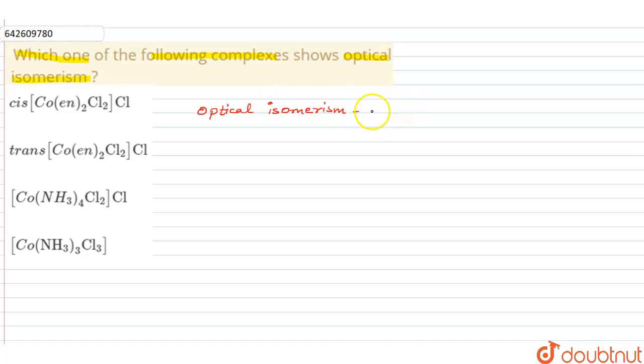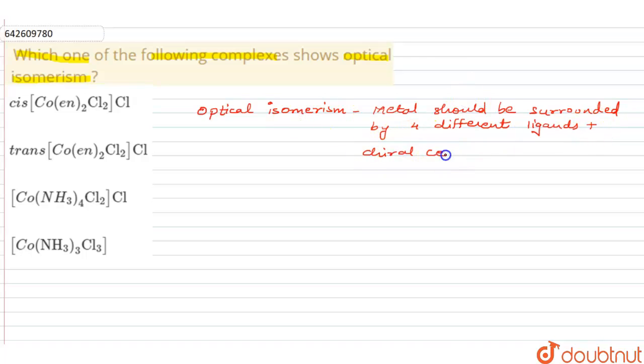Whenever we want to identify optical isomerism in coordination complexes, of course, the metal atom or the metal species should be surrounded by 4 different ligands, okay? 4 different ligands. And it should be having a chiral center, okay? This could be number 1 condition.